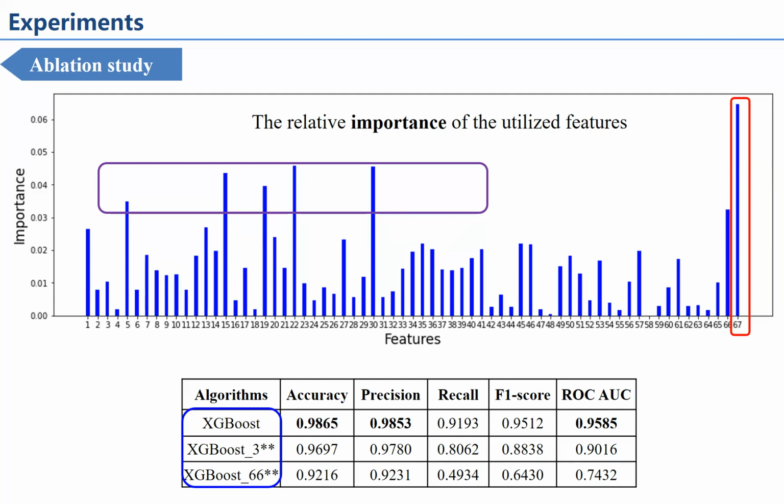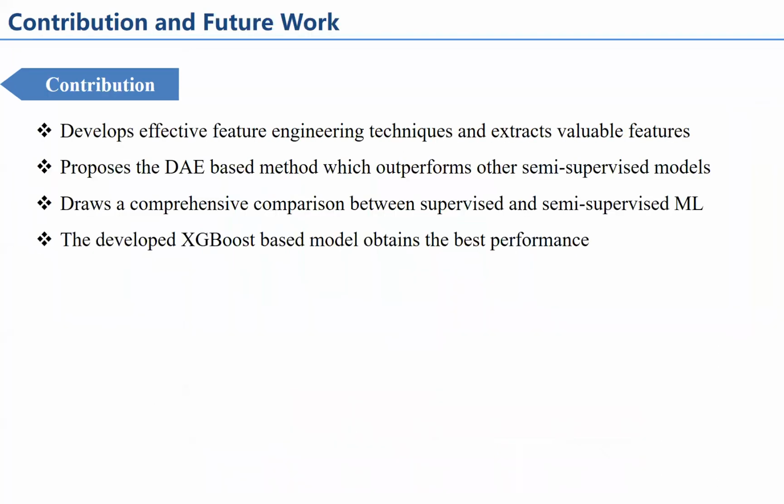It is witnessed that without time interval, the evaluation metrics of XGBoost 66 decrease a lot compared with XGBoost using the full 67 features. And even XGBoost 3 outperforms XGBoost 66. These findings further demonstrate the importance of the proposed time interval feature.